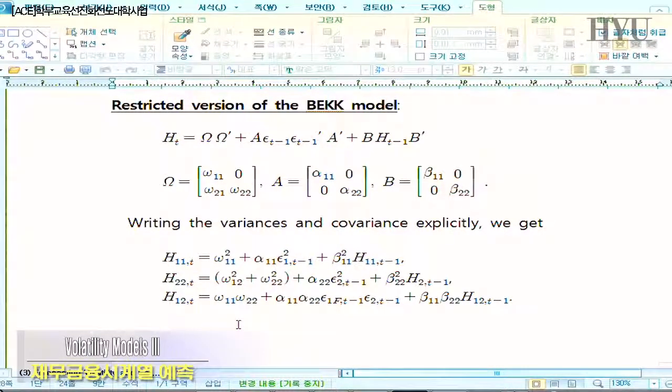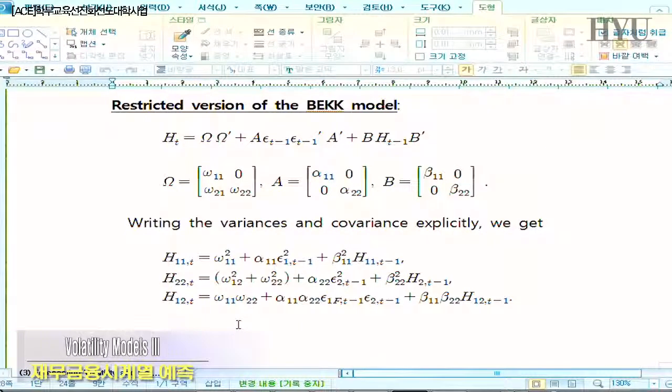The second variable, 3 parameters, a GARCH(1,1) model. Also the covariance process, 3 parameters to be estimated. Total 9 parameters. But if you specify it in this way, how many parameters to be estimated? 1, 2, 3, 4, 5, 6, 7. You reduce it by 2 parameters.